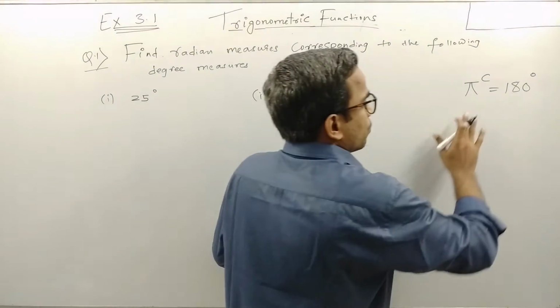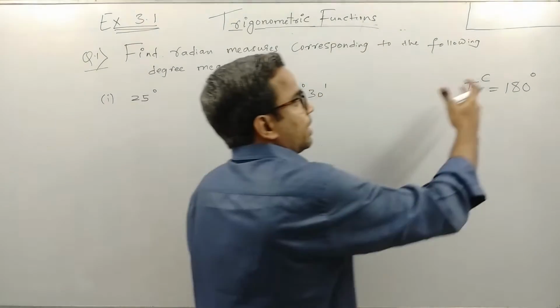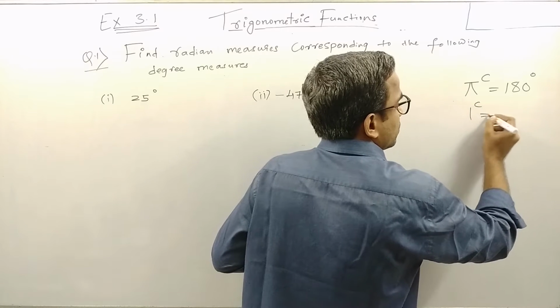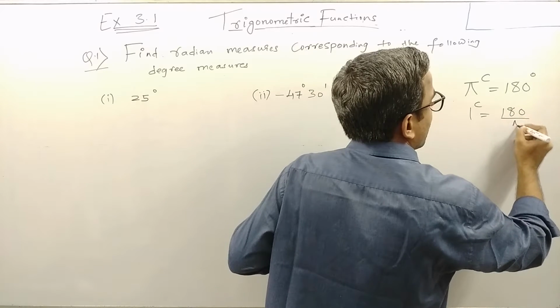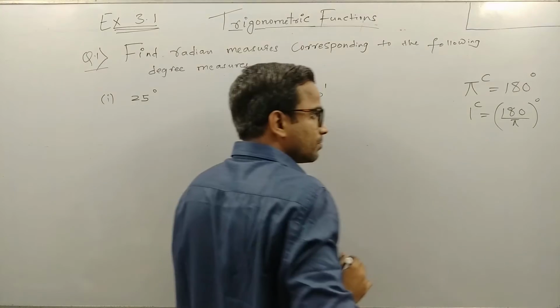From this we get the relation between the radian and degree. When I need 1 radian, I can simply divide by pi, so 1 radian is this much degree.